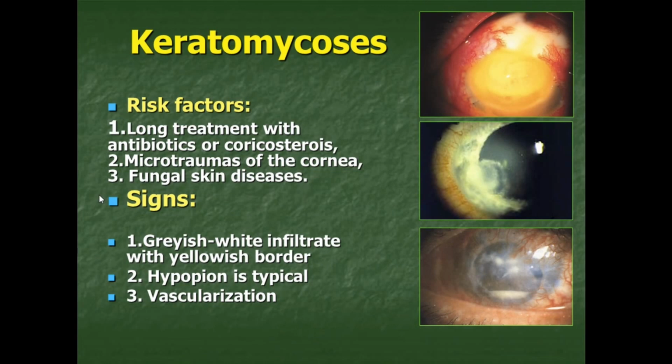The next risk factors: microtraumas of the cornea, fungal skin diseases. Signs of keratomycosis: grayish-white infiltrate with a yellowish border. Hypopyon is also typical, and vascularization.